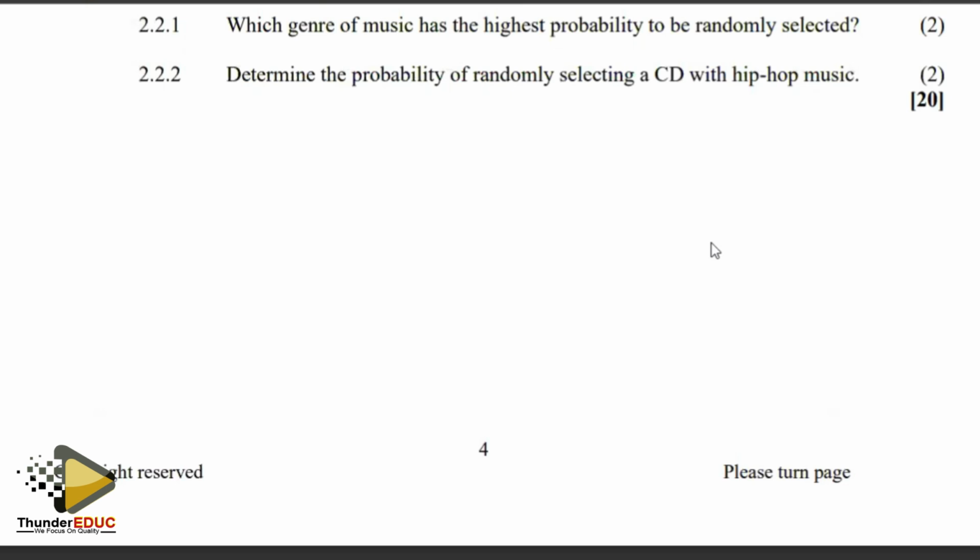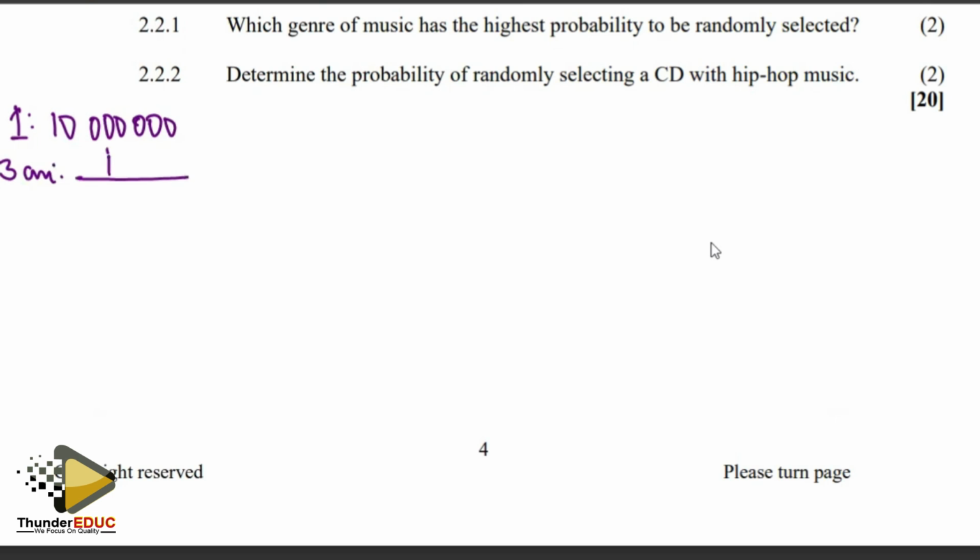The scale given to us is 1:10 million, so 1 unit on the map represents 10 million. Now they have given us 13 centimeters.